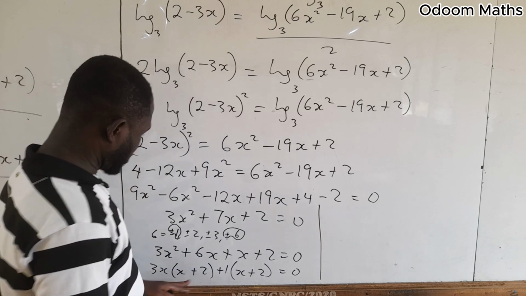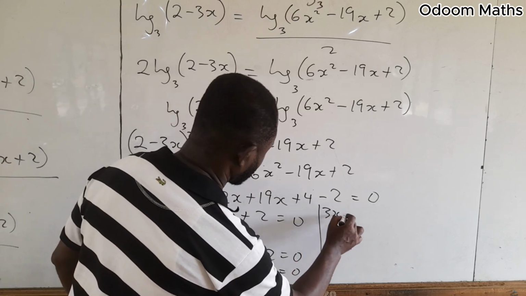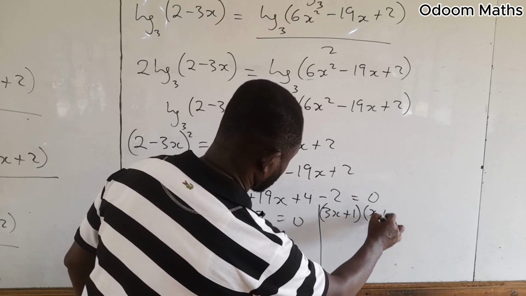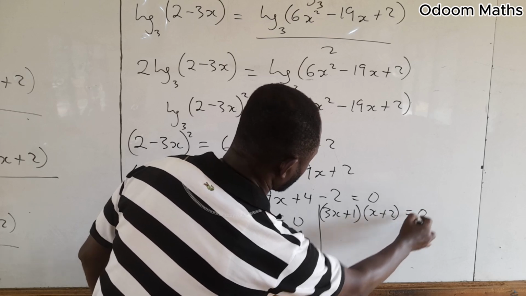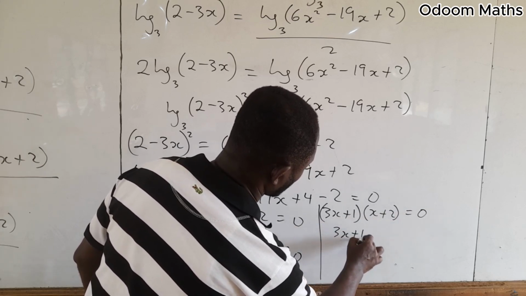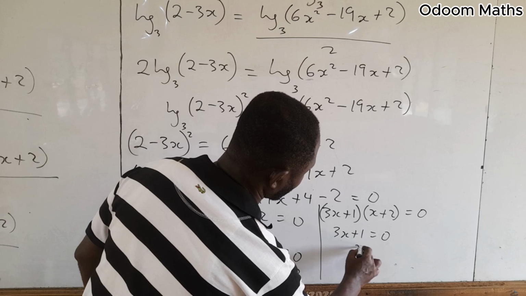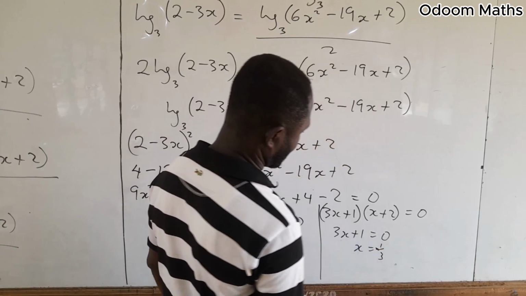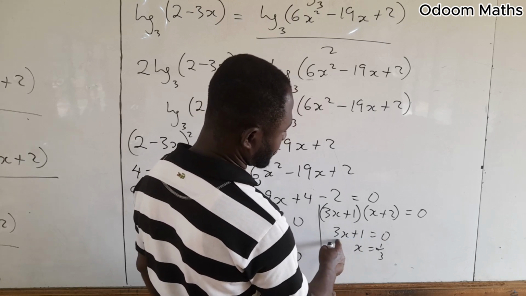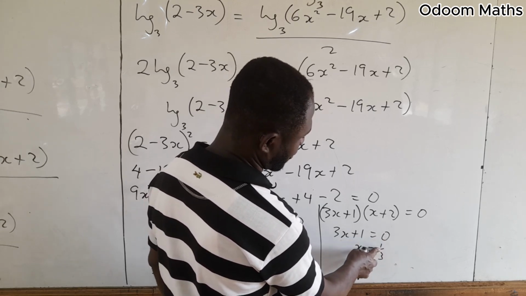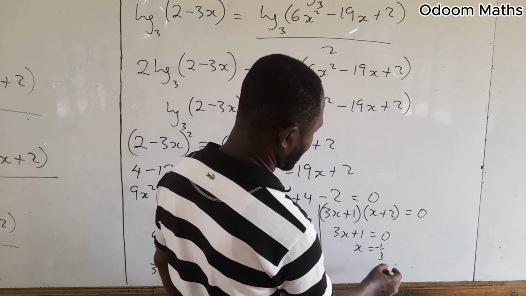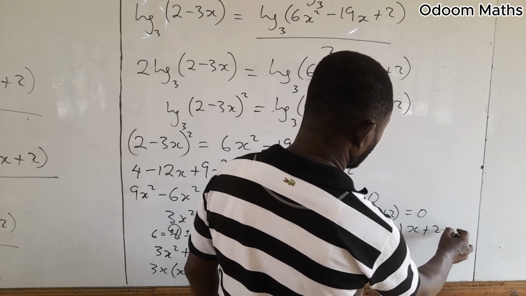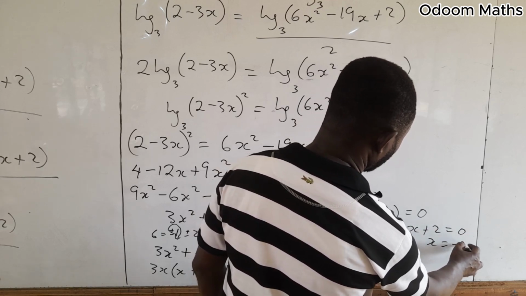So those outside bracket, we have 3x plus 1 and then x plus 2 equals 0. So 3x plus 1 equals 0. We have x to be, sorry, negative 1 over 3. That is, this goes to be negative 1, and then divide both sides by 3, you get negative 1 over 3. And then on this side too, we have x plus 2 equals 0, and that is x becoming negative 2.